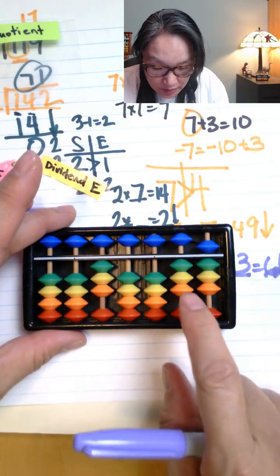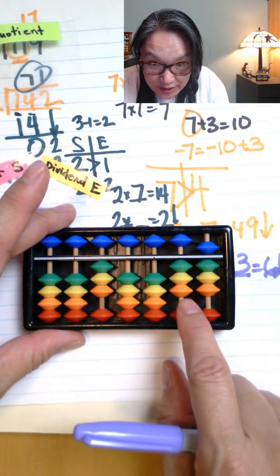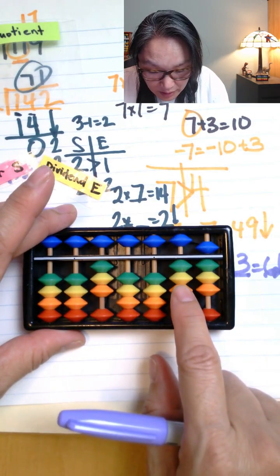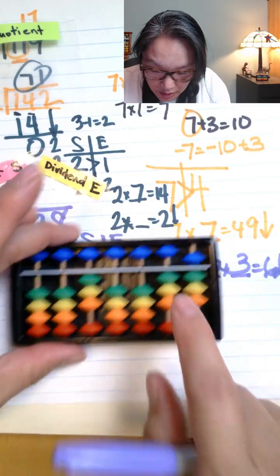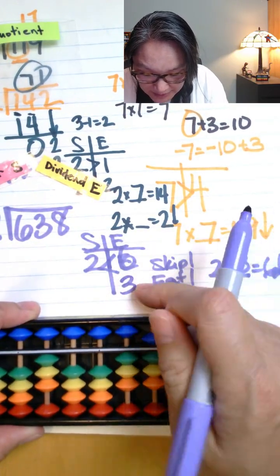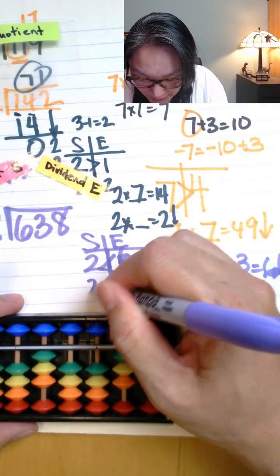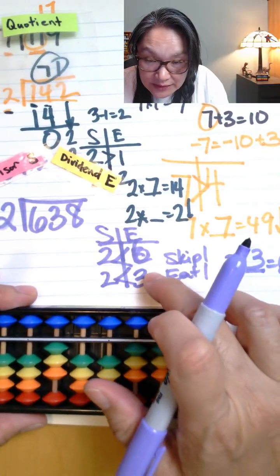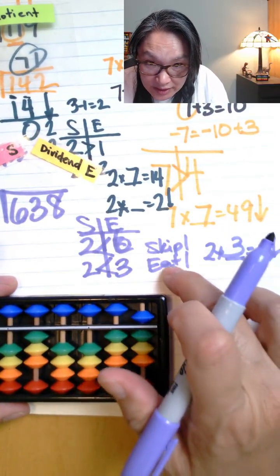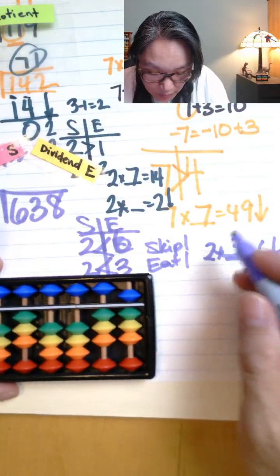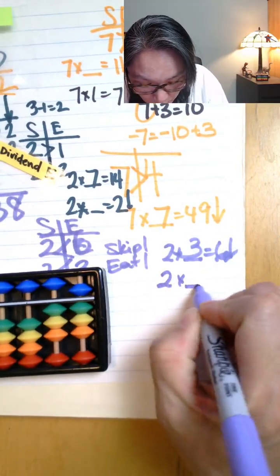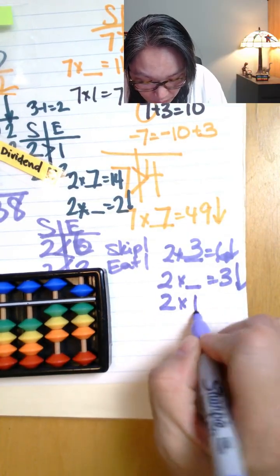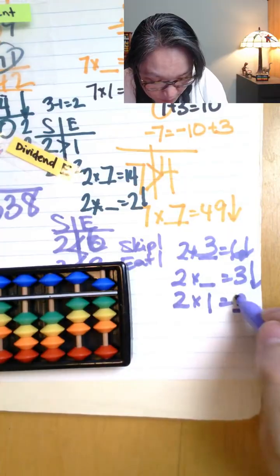And now I have to compare because I still have digits. There's 3 here and there's 2 here. So 3 is my dividend, 2 is my divisor. Again, the dividend is still bigger, so I still need to skip 1, eat 1. 2 times what is equal to 3 or less? 2 times 1 is equal to 2.